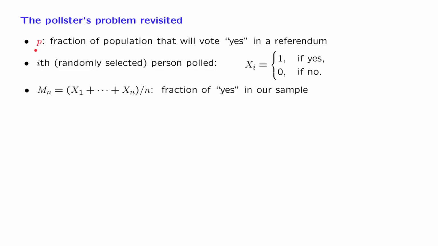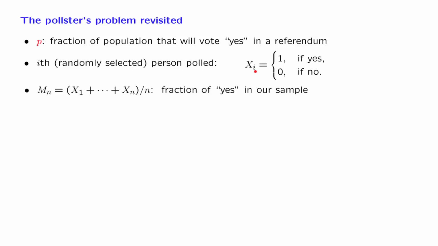Let us remind ourselves of the setting. We want to estimate a certain number p, which is the fraction of the population that will vote yes in a certain referendum. And we estimate p by picking a sample out of the population. We pick n people, randomly, uniformly over the population and independently, and for each one of the people in the sample, we ask them if they will vote yes or no, and we record their answers in Bernoulli random variables Xi.